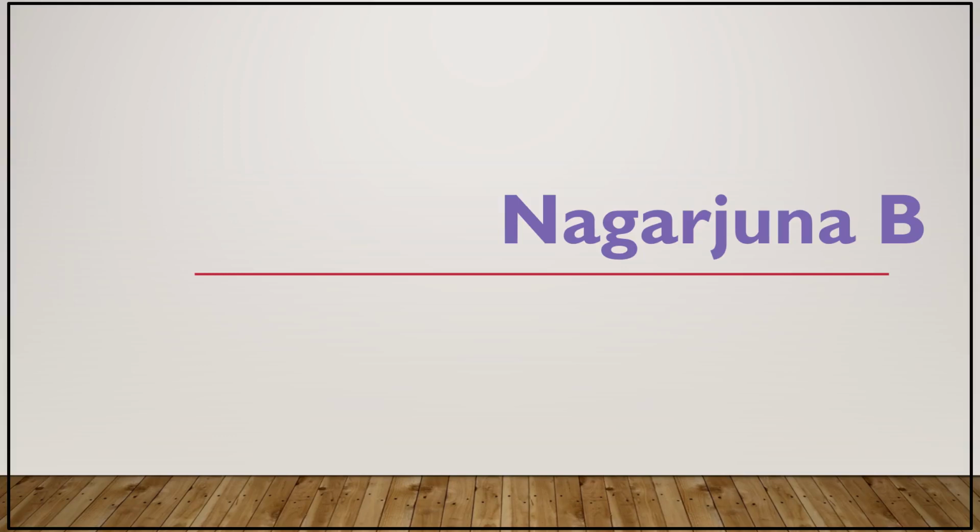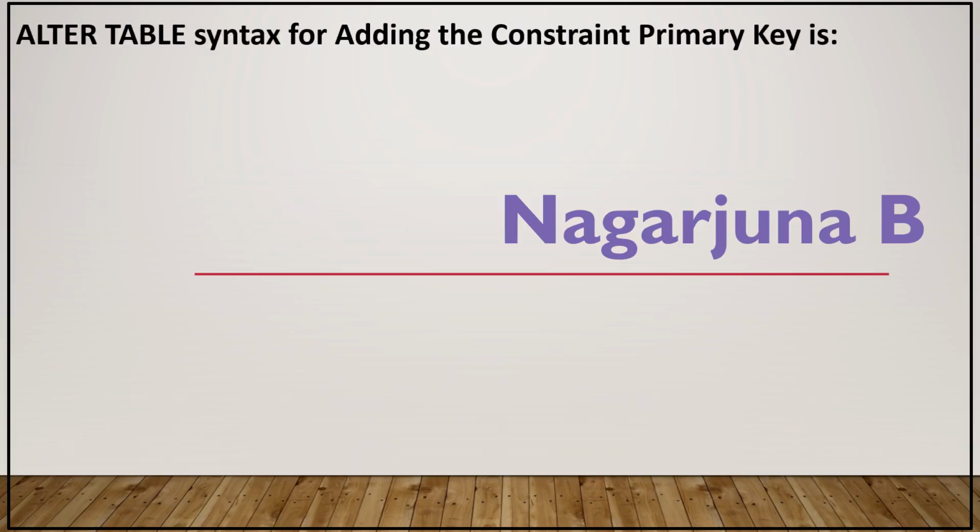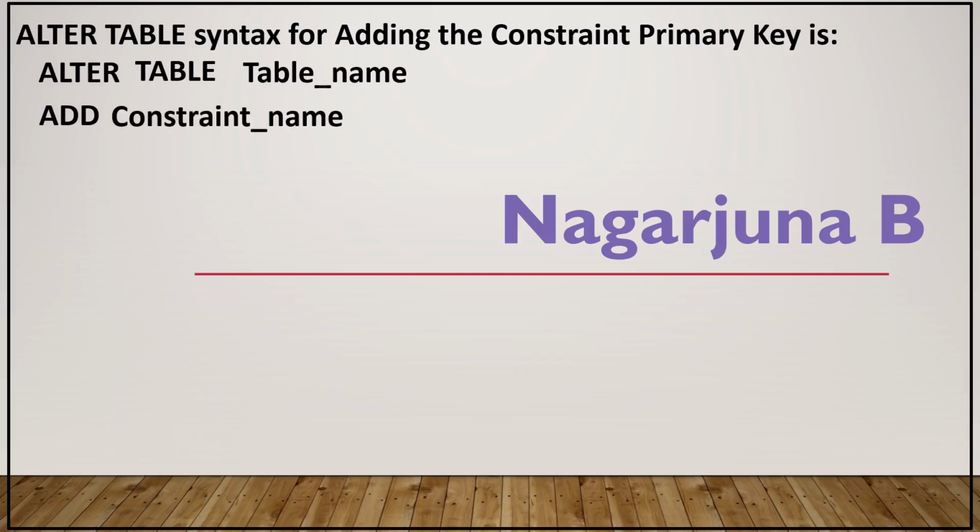Another syntax of the alter table which we can use for the purpose of adding a primary key constraint is: alter table name, add constraint name. Alter table and add are the keywords, whereas table name is the name of the table for which we want to add a primary key constraint, and constraint name is any variable name which should follow the conditions of declaring variables.